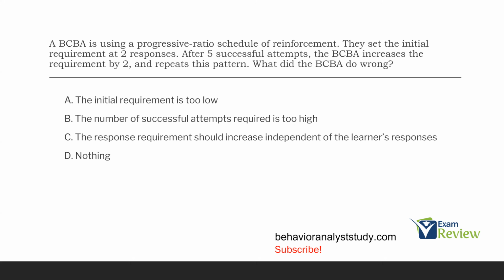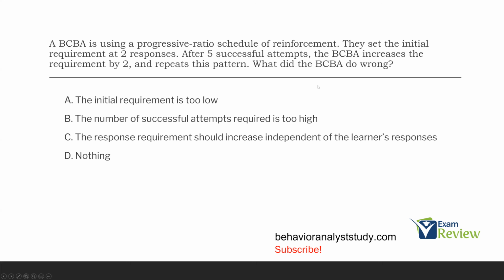And in a way, you are fading the reinforcement and you're looking for the limit. What is the limit of responding that we'll reach with our client? But the very important distinction is when you're using a progressive ratio schedule, you're not fading it dependent on the client's responses. You're just fading it systematically regardless.